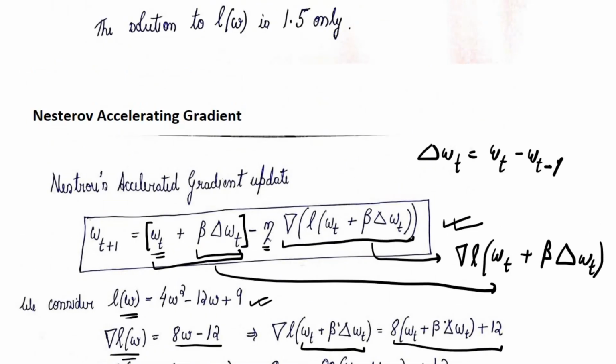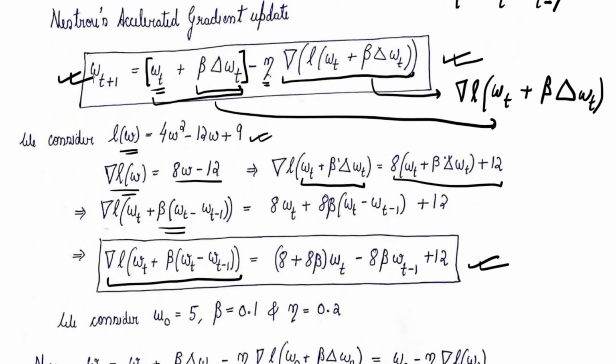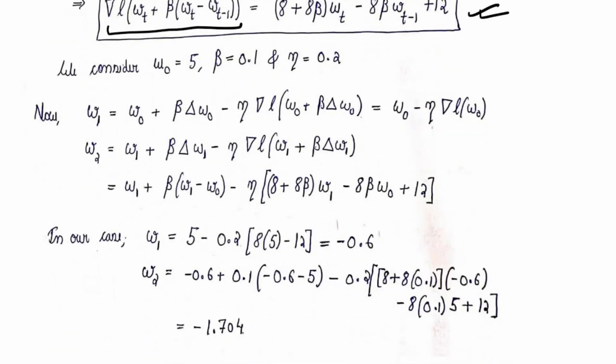Over here we put t equal to 0, I'm talking about this equation. So we get W1 equal to W0 plus delta W0 minus eta times this term. Now if we look carefully, delta W0 doesn't exist, so we will be just doing the first step of the gradient descent algorithm.